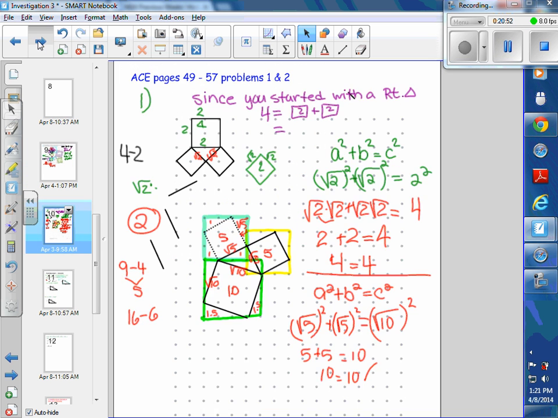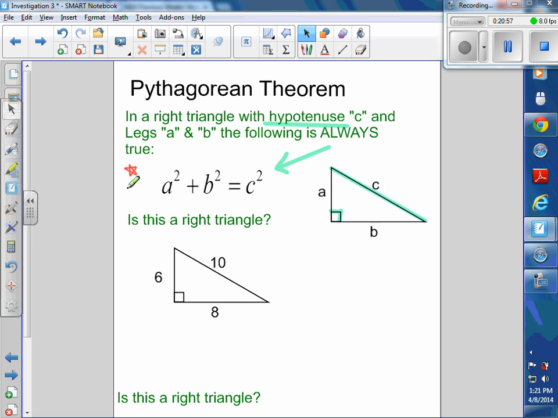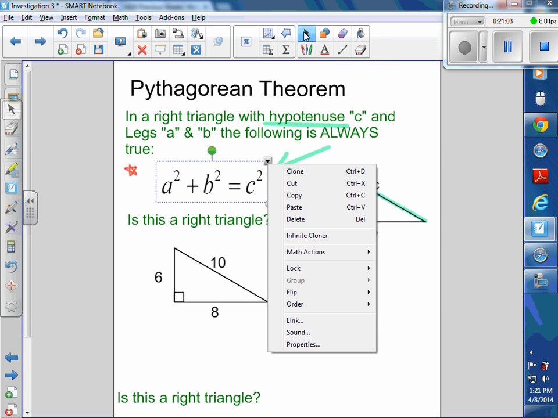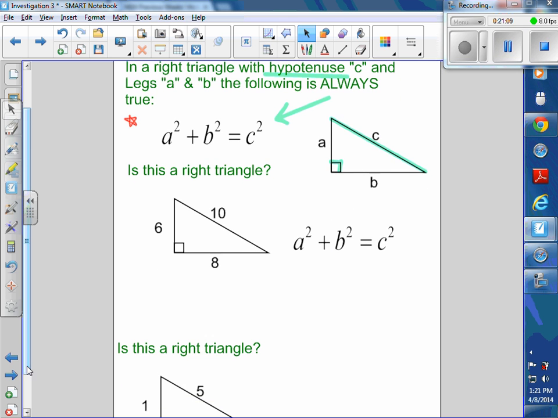If it's not on dot paper, you would use the algorithm that has the red star by it. If you wanted to see if this was a right triangle, you'd start with this formula, put the numbers in, and see if it's true.